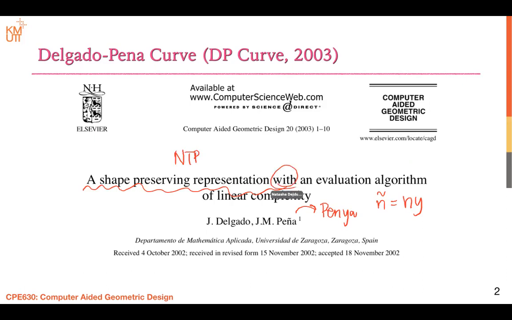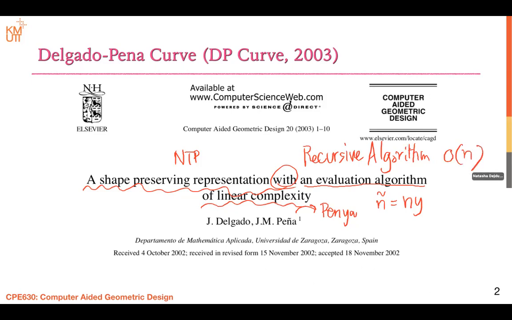And with a better result, that is with an evaluation algorithm. Evaluation algorithm means the recursive algorithm that will be used to calculate the point on the curve, with linear complexity. It means the efficiency of this recursive algorithm is big O of n.